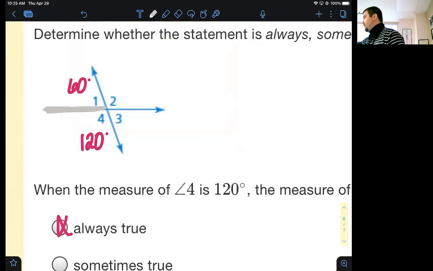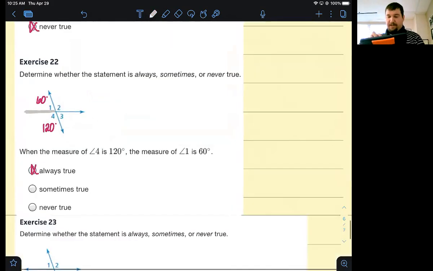Straight angles measure 180. 60 plus 120 equals 180. This is always true. Not every pair of adjacent angles will add up to 180, but when they sit on a straight line, they definitely will add up to 180 because straight lines are 180 degrees. Okay, so that is always true.